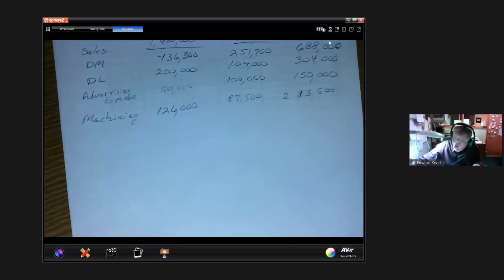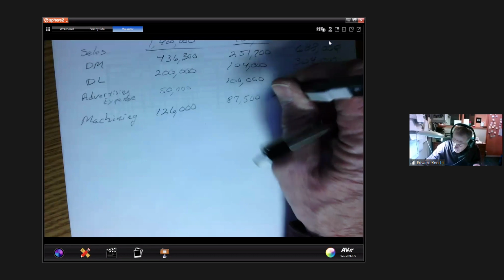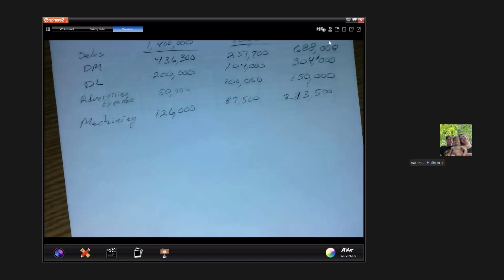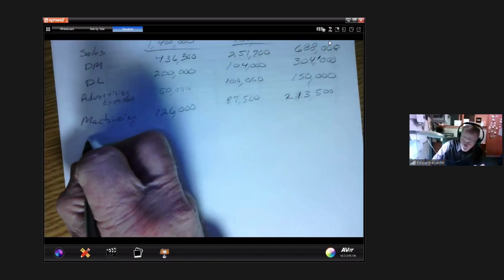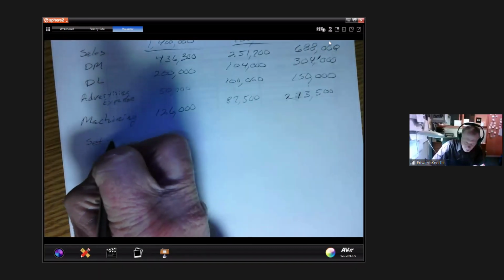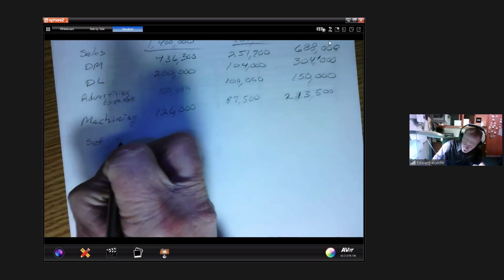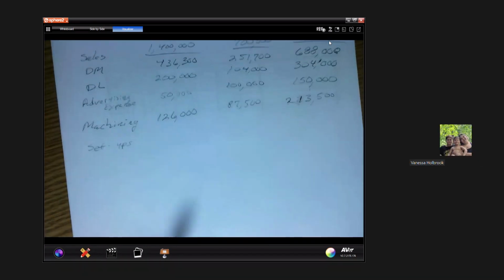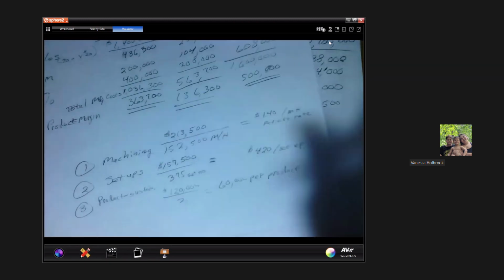Okay, we're good there. So that's machining. And then next would be setups. What's the setup cost total going to be for each? So how many setups were there? There were 75 for B300. And what was the cost?